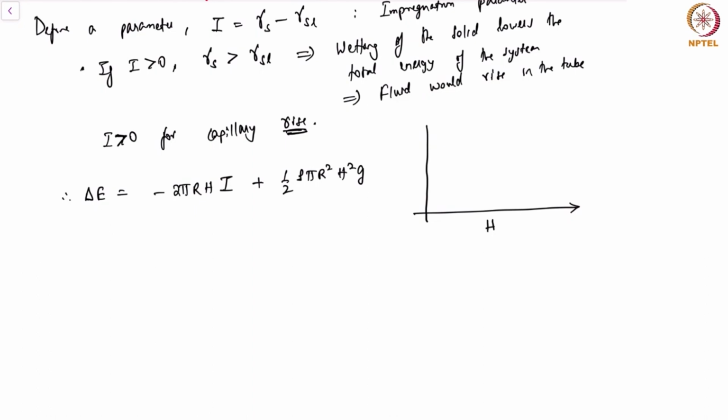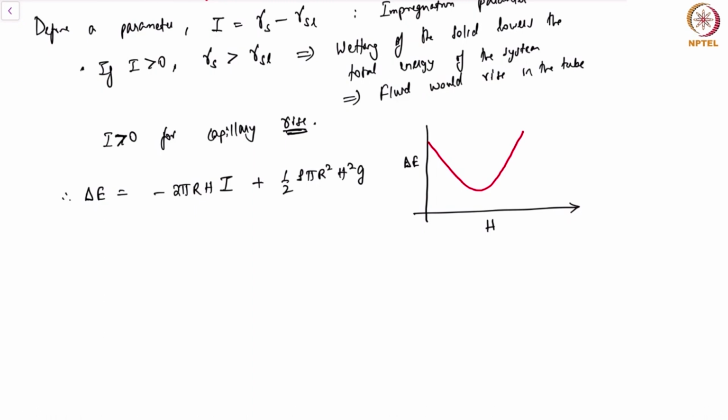So we are plotting delta E versus h. For very, very small heights, there is a tendency for the fluid to rise up because the fluid tends to lower its energy. This is negative. And then if the fluid rises any further, there is a price that you have to pay, because the second term, the h square term, becomes positive.